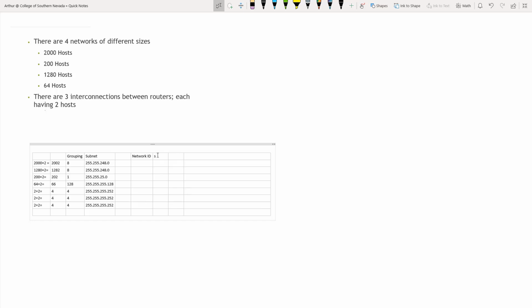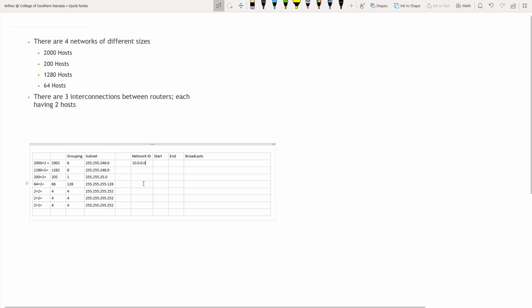Next one is going to be our start range. So start and end, and our last one will be our broadcasts. For this example, our network engineer said start with the IP address 10.0.0.0. The address itself really doesn't matter.